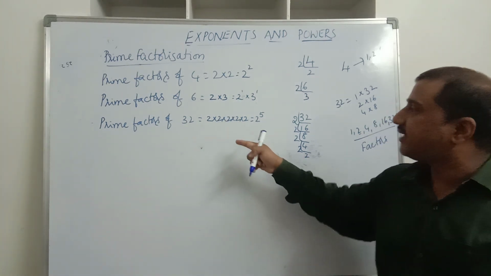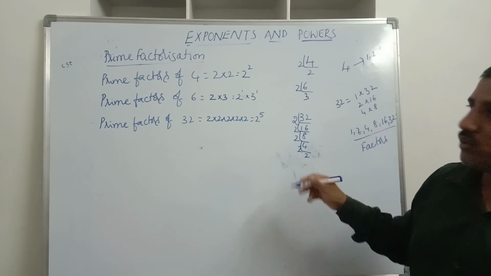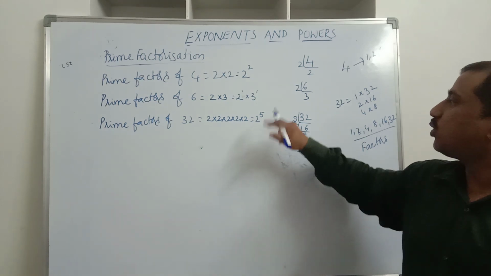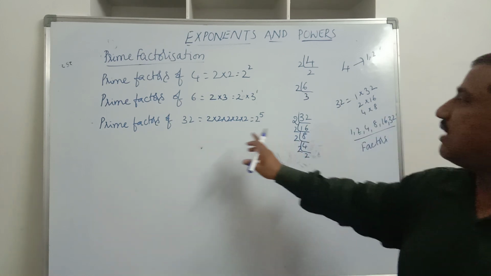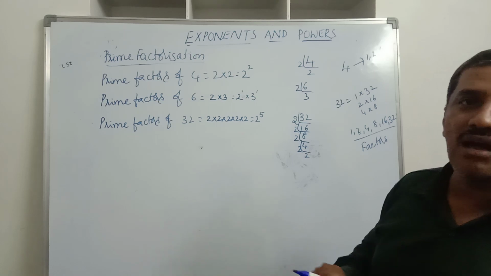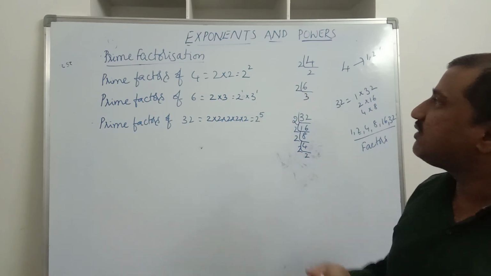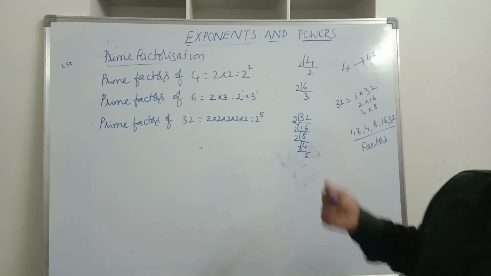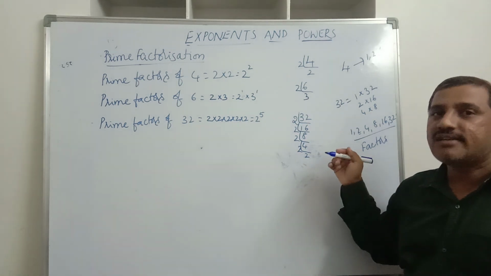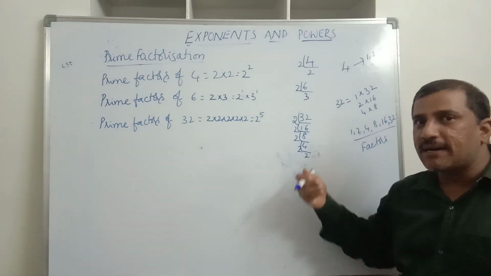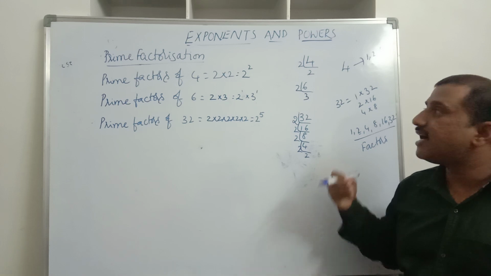So we can write 32 in the form of 2 into 2 into 2 into 2 into 2, that is 2 to the power of 5. 2 to the power of 5 is equal to what? It is 32. The exponential form of 32 is 2 to the power of 5, meaning 2 is multiplied 5 times. Like this we will find the prime factors by using divisibility rules for 2, 3 and 5. For 7, we use only prime numbers 2, 3, 5, 7, 11, 13 and so on.